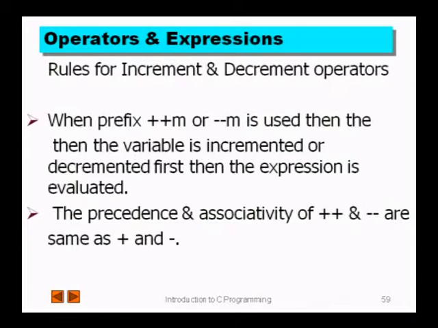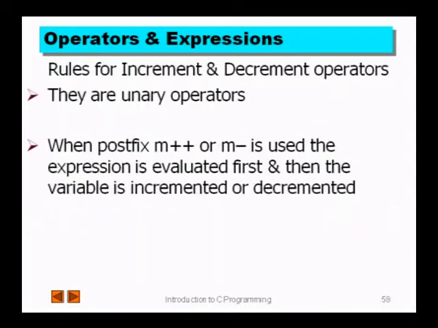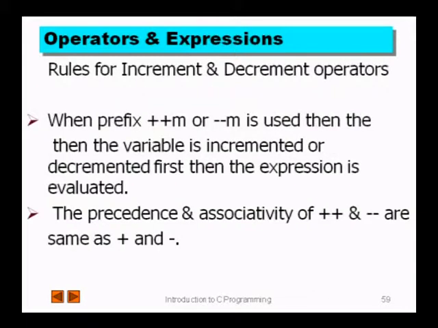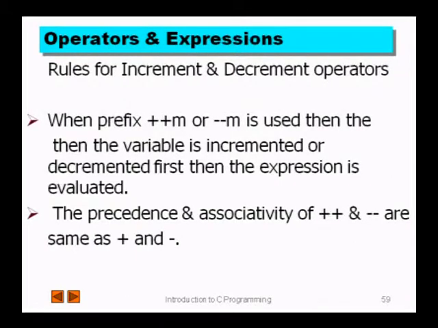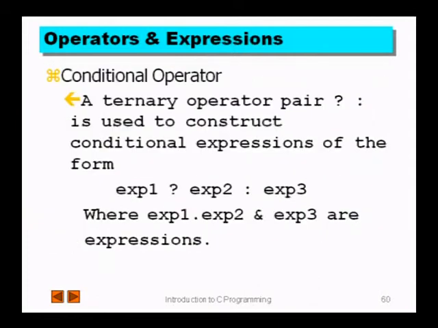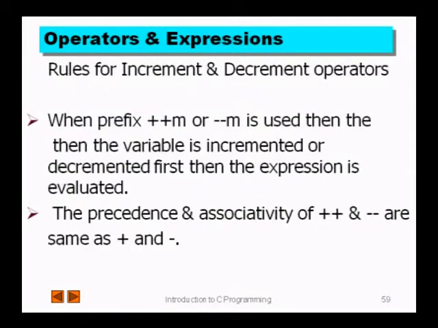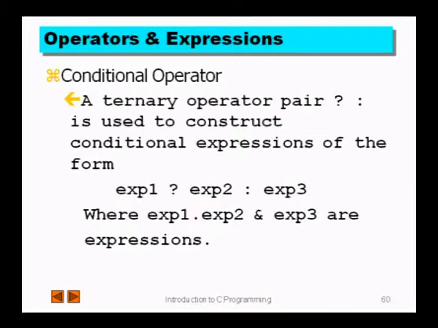In the postfix, first the value of the variable is used and then the variable is incremented or decremented, but in the case of prefix, first the value is incremented, then the new value is used. That is the difference between postfix and prefix operator. Yes.